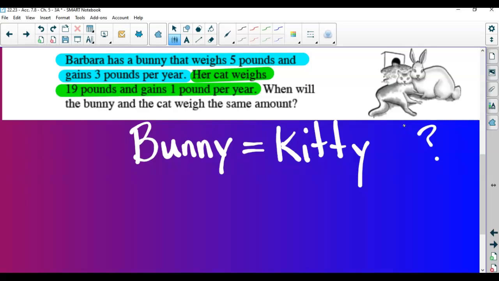Colin, what do we know about the bunny? Weighs 5 at the start, gains 3 pounds every year. Now, guys, I would avoid using Y unless you really want to, because Y is often our other variable, the thing that's in charge of everything.